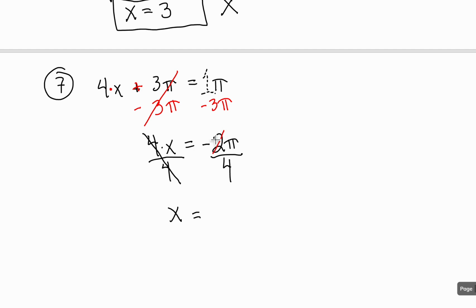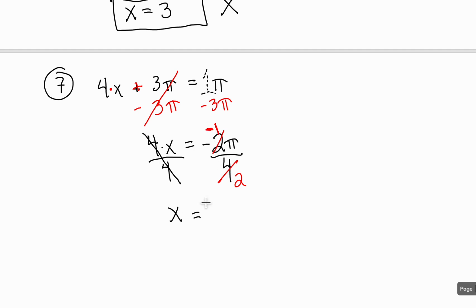So 2 goes into 2 once, 2 goes into, well, there's a negative, so I don't want to forget about that negative. Negative 1, and 2 goes into 4 twice. So my simplifying, I like to do it this way because it really helps me focus on just the 2 that are simplifying.